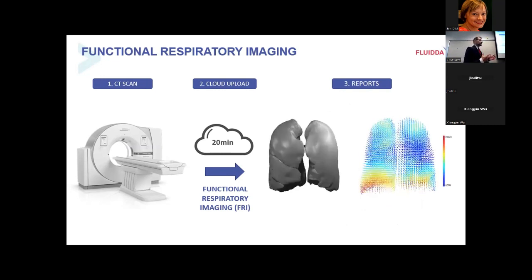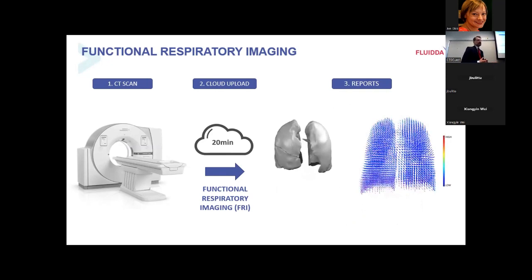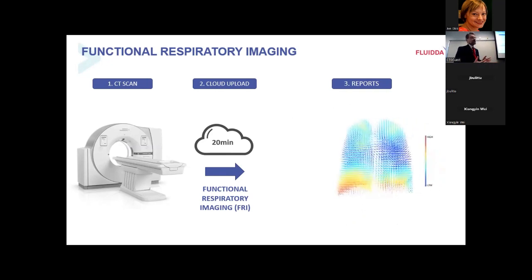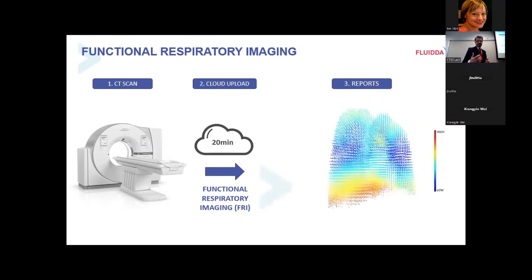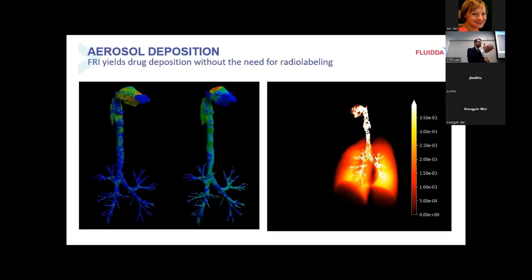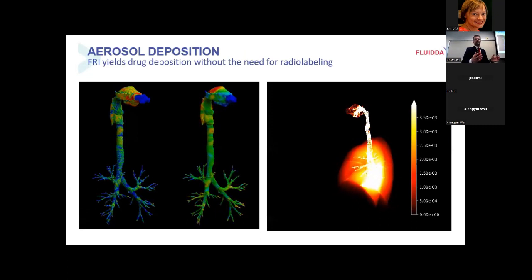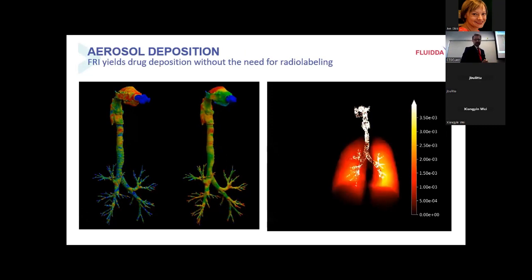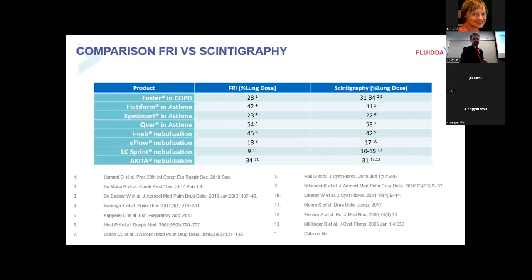So we can look at regional ventilation patterns, airway resistances, but also the deposition of inhaled particles, as you very well know. So just by using the inspiratory, expiratory scan, without the need to radio label any other formulation, we can quite adequately assess where those particles end up, where they deposit on a patient-specific level.